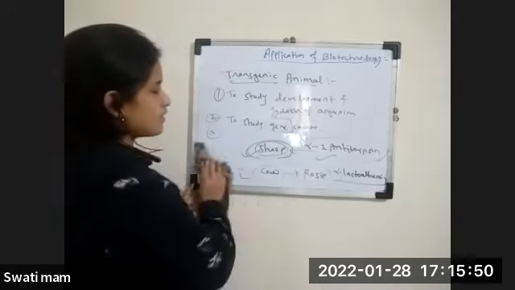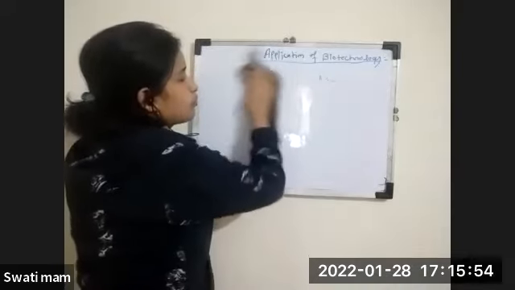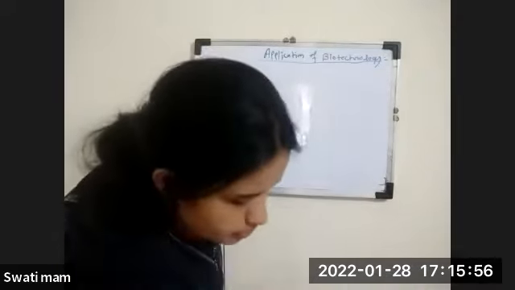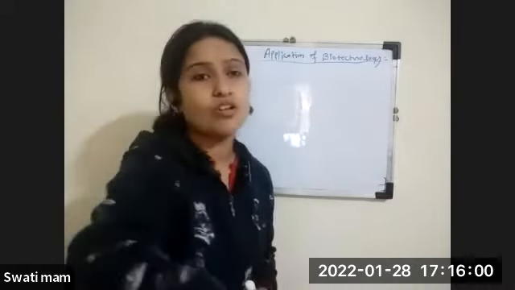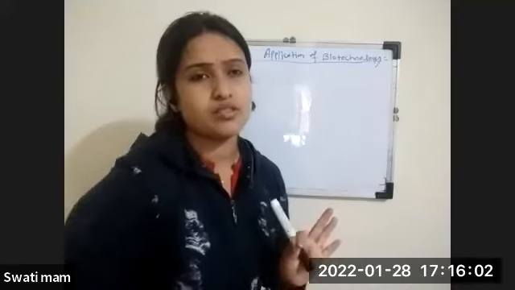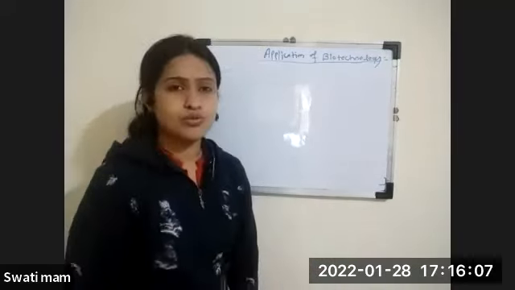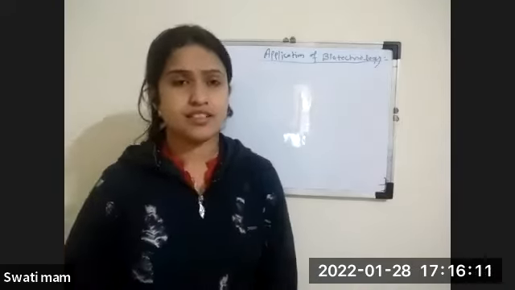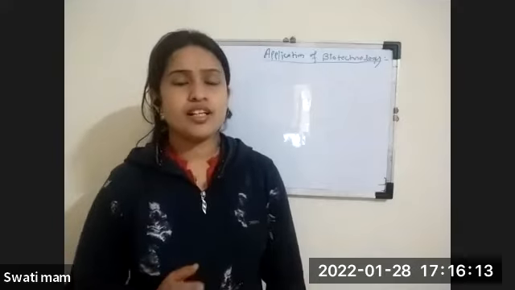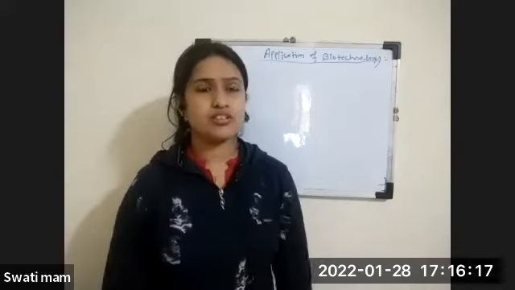So this is regarding some of the biological products formed by the process of biotechnology using transgenic animals. For example, certain vaccines are also produced. But for the trial of that vaccine, it is not directly given to humans.